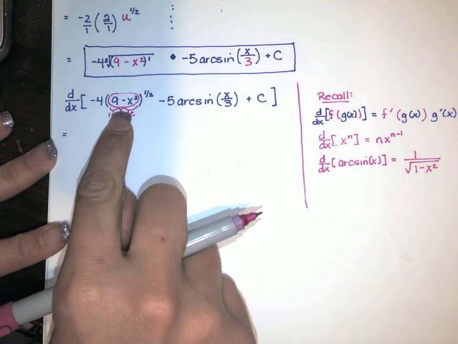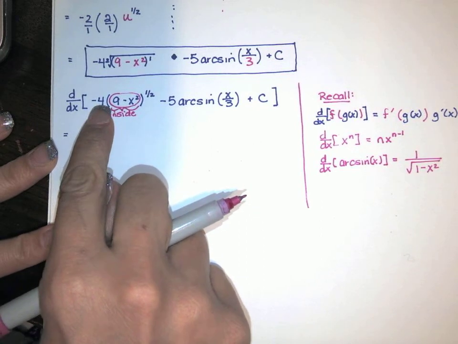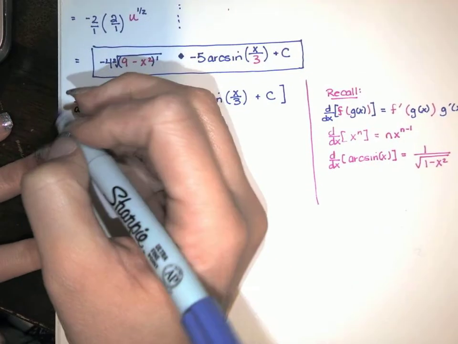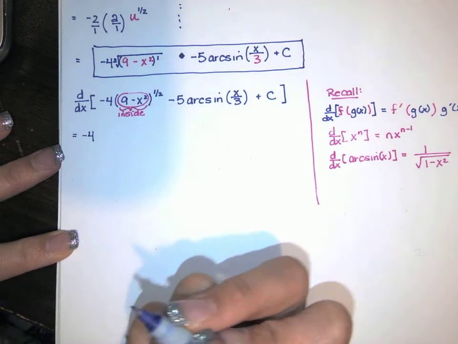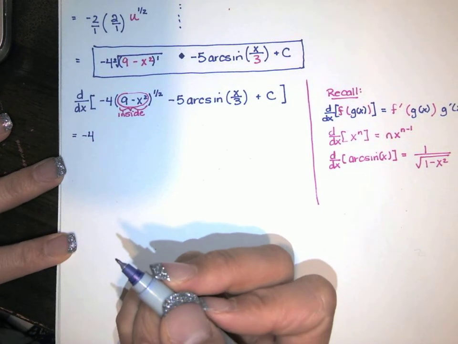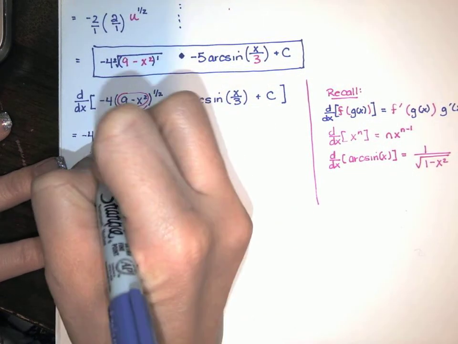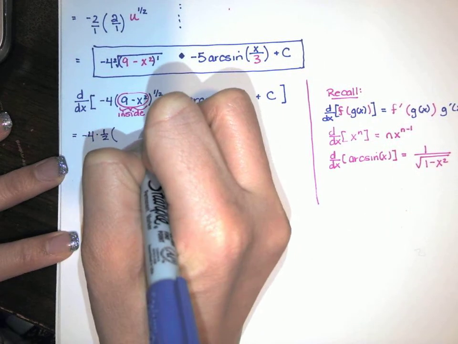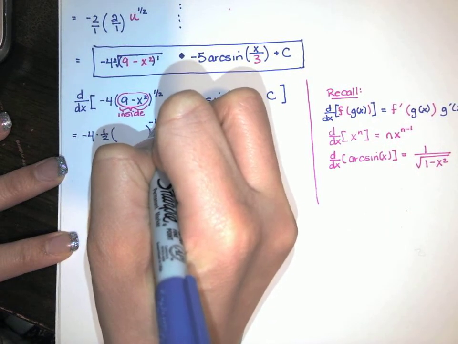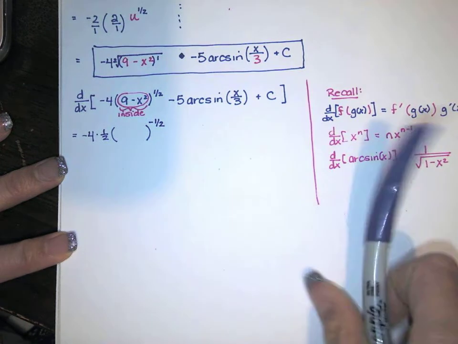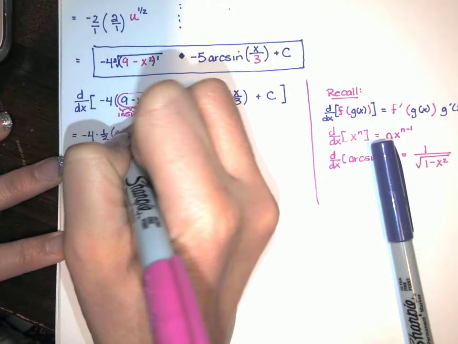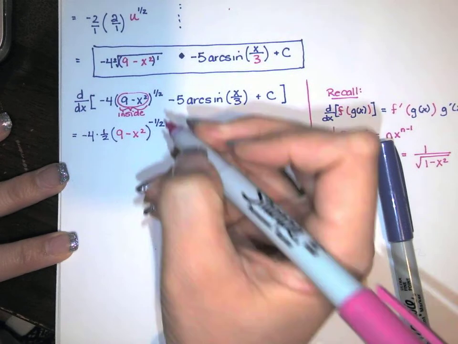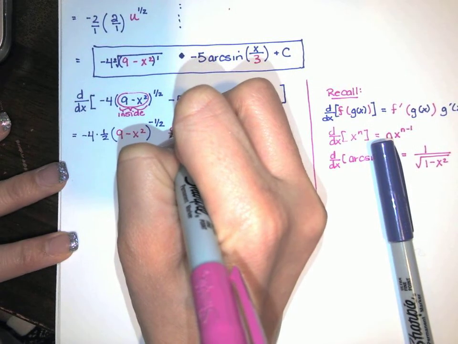So I'm going to have to use the chain rule. I've got negative 4 times a function to the 1/2 power. According to the chain rule, I take the derivative of the outside function first. Derivative of the outside is negative 4 times, bring that 1/2 down, inside function to the 1/2 minus 1, that's negative 1/2, times the derivative of the inside by the chain rule.